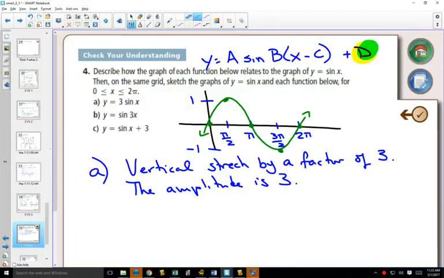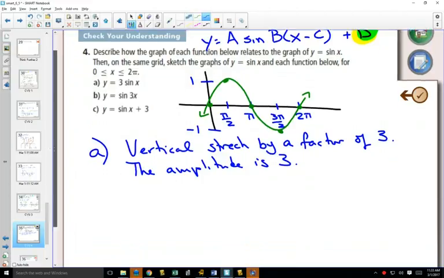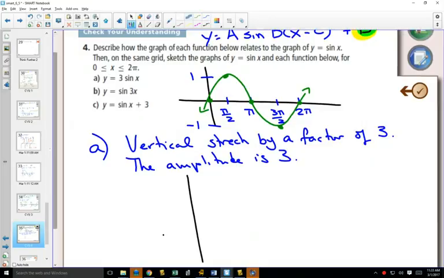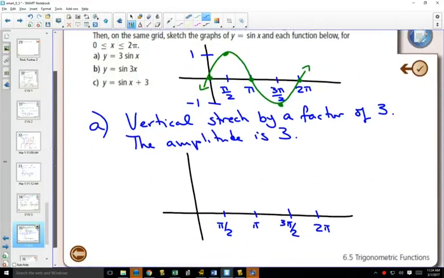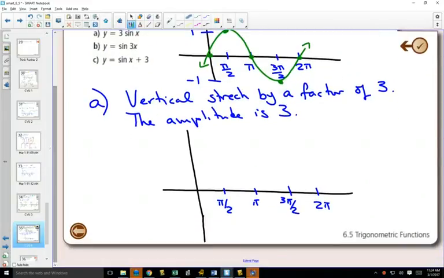So for part A, what is the graph of 3 sine of x going to look like? Well, it's still going to have a period of 2 pi. So we can start with that, split it into 4 equal sections. Then label our amplitude. Well, now our amplitude is 3.